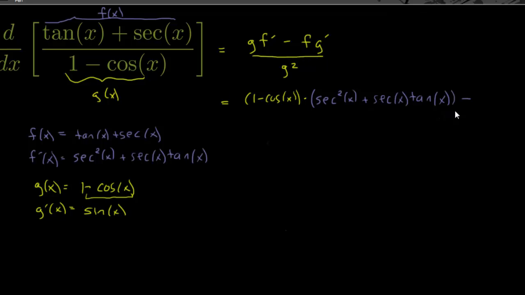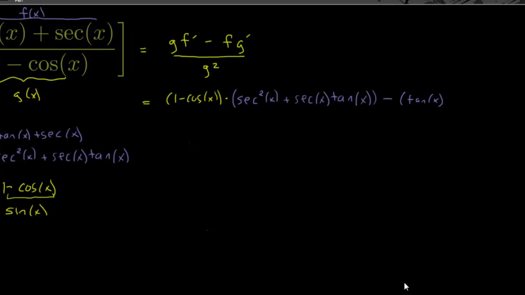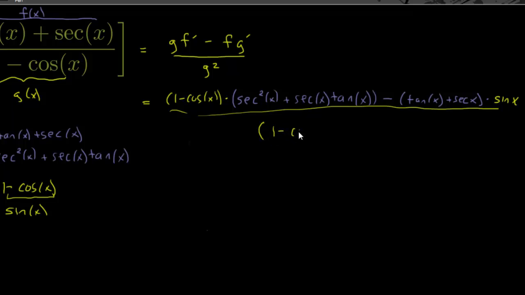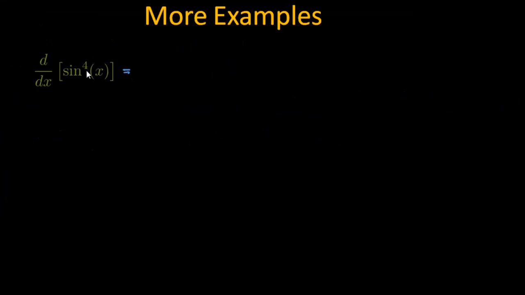So f is going to be the tangent plus secant, times g prime, which we said was sine. And that's going to be all over g squared. Now g is 1 minus cosine x squared.